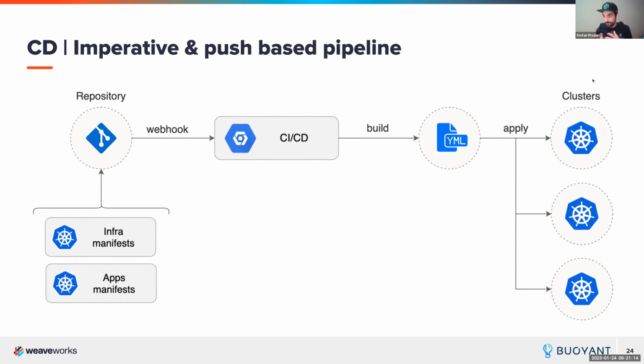So you have the new app version in there, connect to your clusters from the CI runner and apply those YAMLs or do a Helm upgrade directly from your CI job.